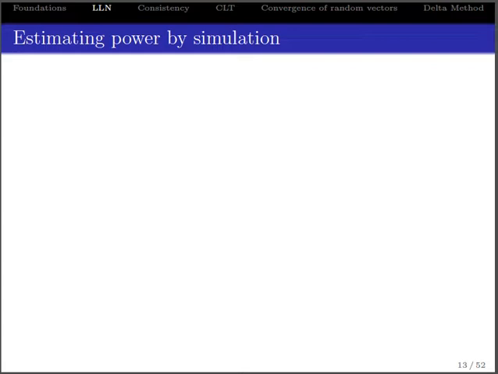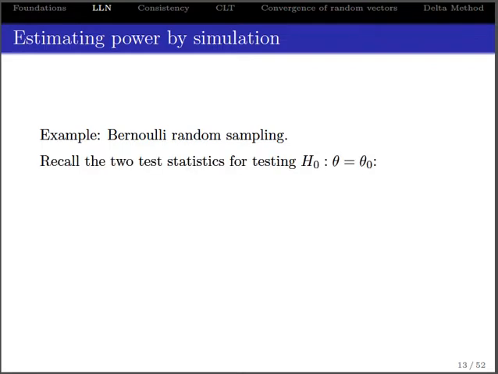Here's an example of estimating power by simulation. We'll just do that same toy example we did for the coffee taste test. If you remember, there were two test statistics for testing the null hypothesis that theta equals theta 0, the Z1 and Z2.